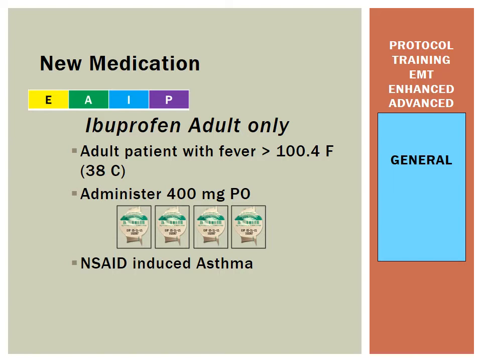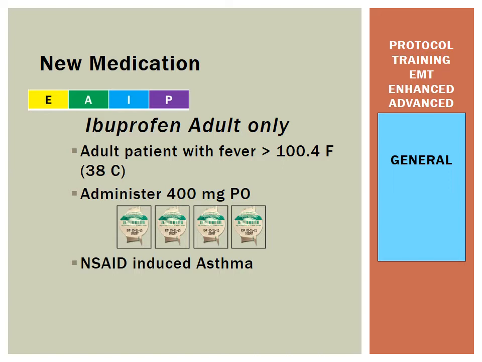So now that we know about the drug ibuprofen, we're going to talk about the dose. For our adult dose, the fever, of course, must be over 100.4 Fahrenheit or 38 degrees Celsius. We're going to administer 400 milligrams PO. Now, as I said before, the concentration is 100 milligrams in 5 mLs, so you will be administering 4 medication cups to your patient.